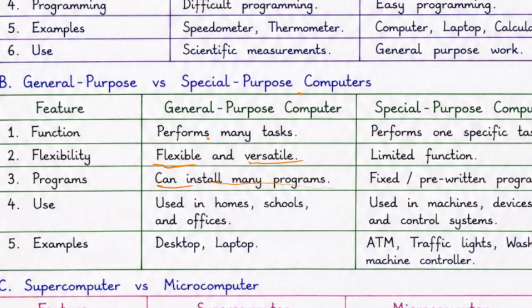A special purpose computer performs one specific task. When you use it, you know you are using it for one specific task. It has limited function, and its programs are fixed, pre-written programs. It is used in machines, devices, and control systems.